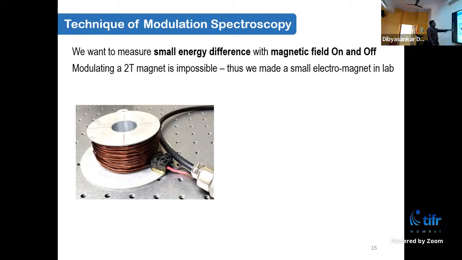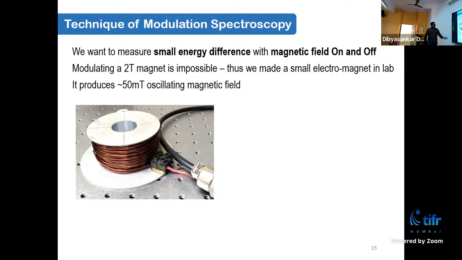But oscillating a 2 Tesla magnetic field is impossible, because 2 Tesla is a huge magnetic field and you cannot oscillate it at even 10 hertz, which is a very low frequency. In 1 second, 10 up and down, it cannot do. So that's why we have built this small coil in our lab. In the image, probably you cannot estimate, but the magnet is this small.